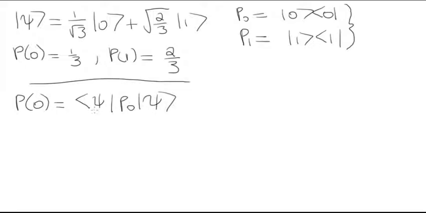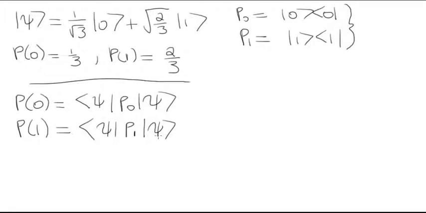Simply put, it's this operator sandwiched between the bra psi and the ket psi. Similarly, the probability of it collapsing to 1 is the same thing, except in the middle it's sandwiched with the projection operator P1.